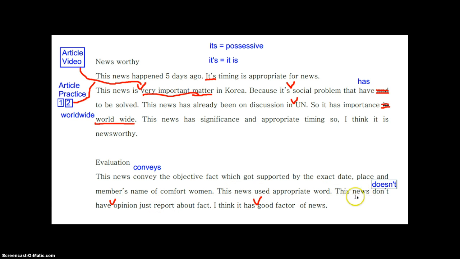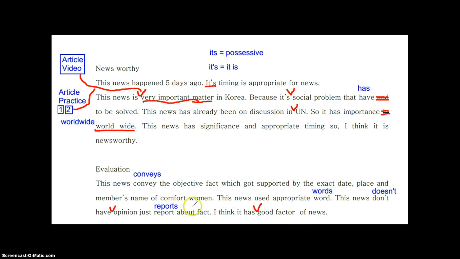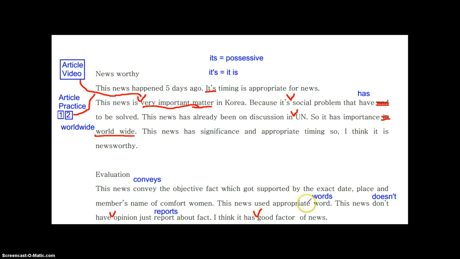Since "this news" is the main subject of the sentence, we're going to put "reports". And a news article is going to use many words, plural, so let's use the plural "words". And that's the only time that really happens, so that's great.